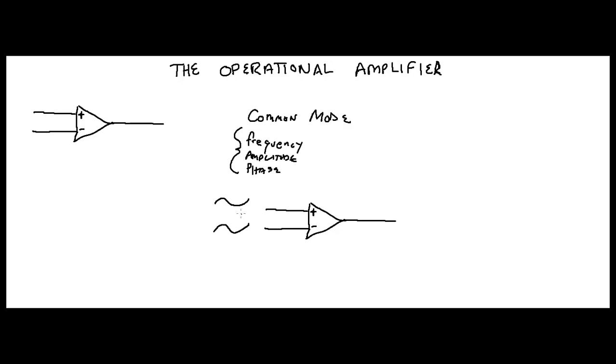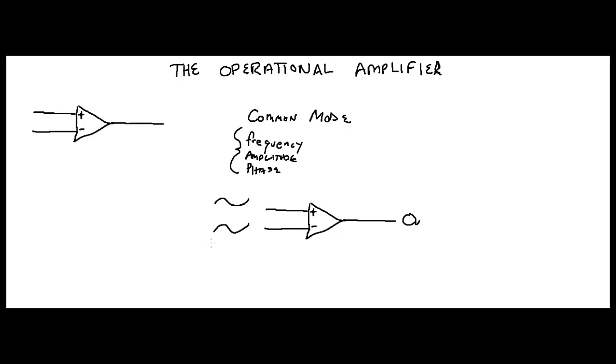Now, the operational amplifier amplifies differences. There are no differences in these signals at any time, theoretically. So your output would be 0 volts, right?